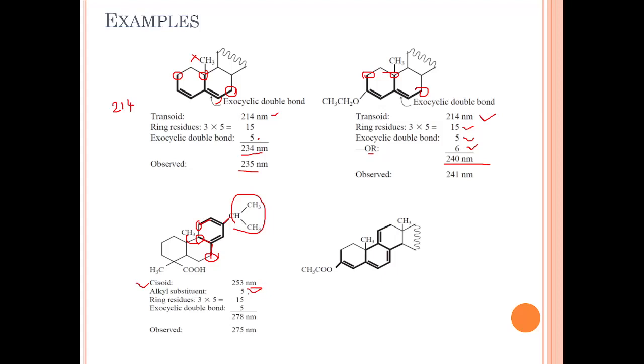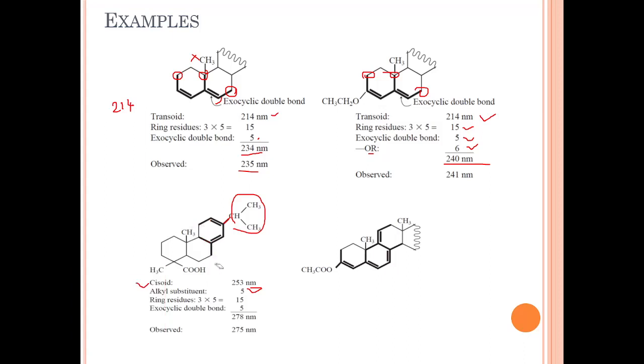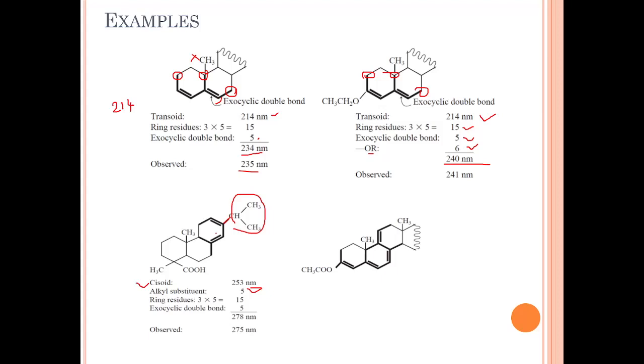So the alkyl substituent will have 5 and ring residues will have 15, whereas one double bond is in the form of an exocyclic double bond. So can you guess which double bond is the exocyclic double bond? We have this double bond which is extending the ring. So this one is the exocyclic double bond, and if we calculate all the values, it comes around 278. So this is how we are going to calculate the lambda max for any compound.